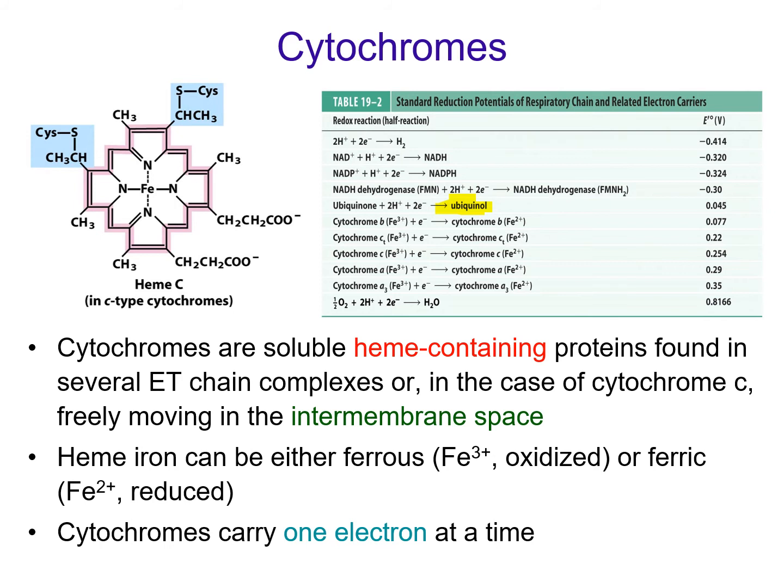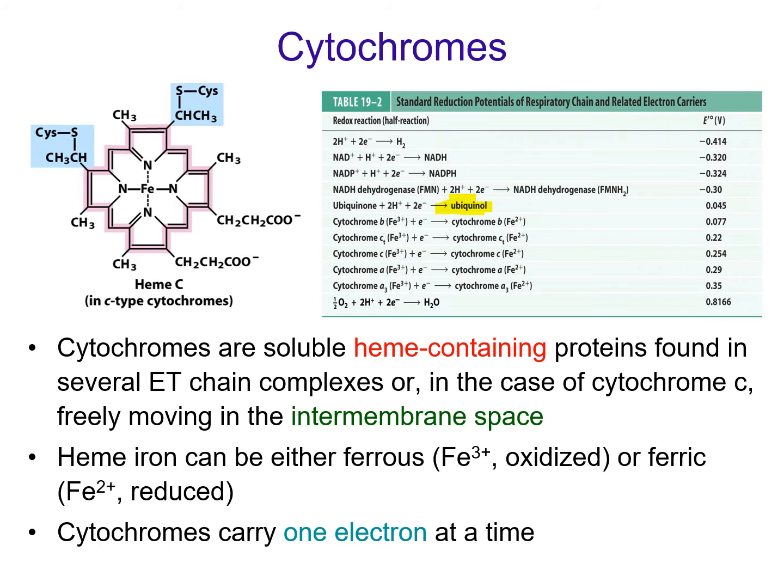Now, because they're in ubiquinol, we're going to go into some electron acceptors with a little bit higher reduction potential. So you've seen something that kind of looks like this before. It looks kind of like a porphyrin ring. It has an iron center. And so cytochromes are soluble heme-containing proteins found in several of our electron transport chain complexes. And they can freely move in the intermembrane space.